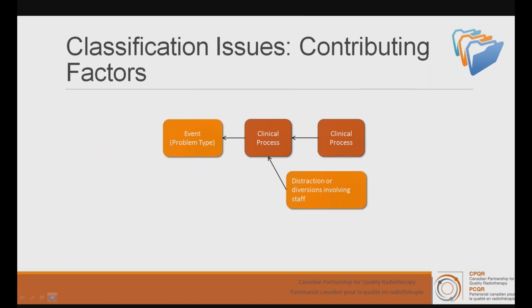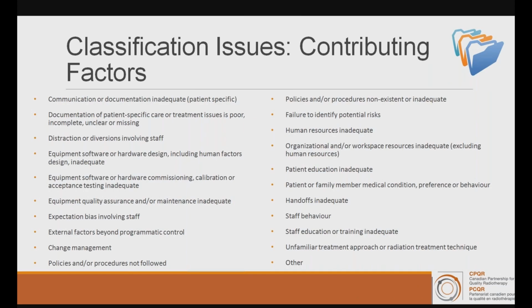So now we're just going to have a quick little chat about contributing factors and classification issues when it comes to contributing factors. These are the list of the contributing factors that exist within the National System for Incident Reporting. I went through with respect to this case and highlighted some potential contributing factors when we think back to that rudimentary root cause analysis.